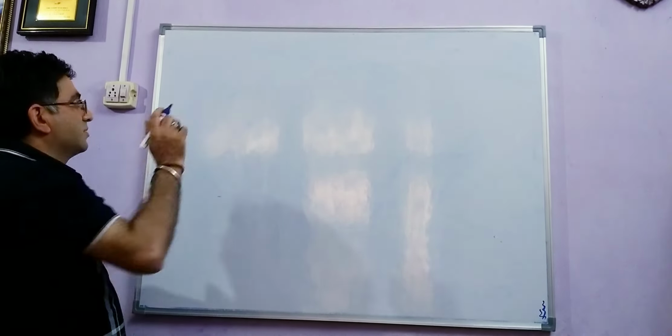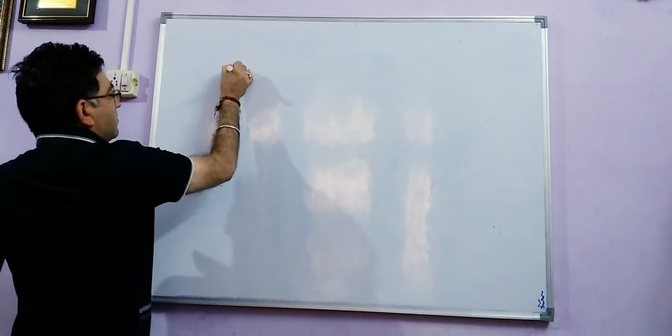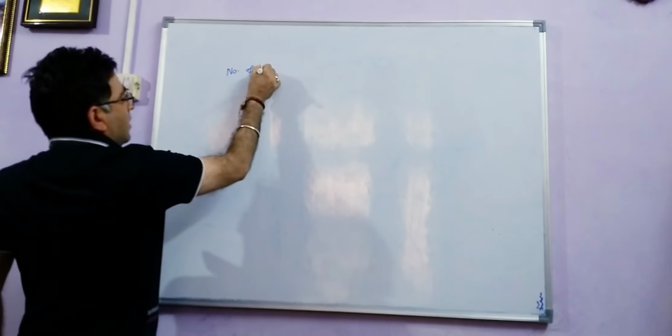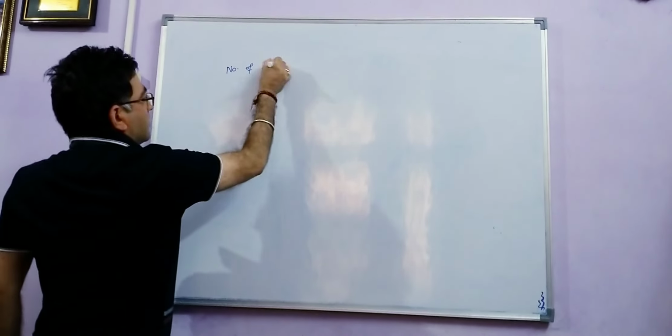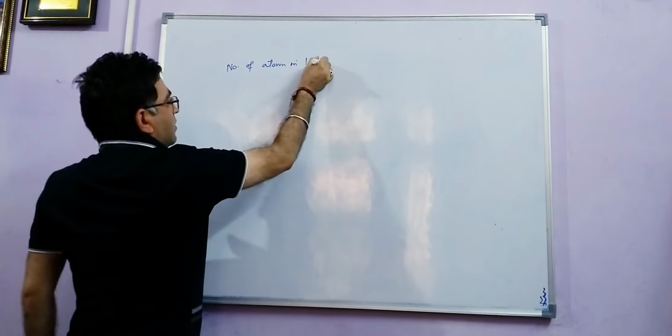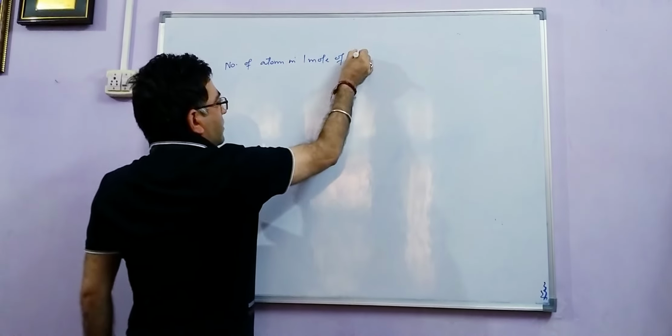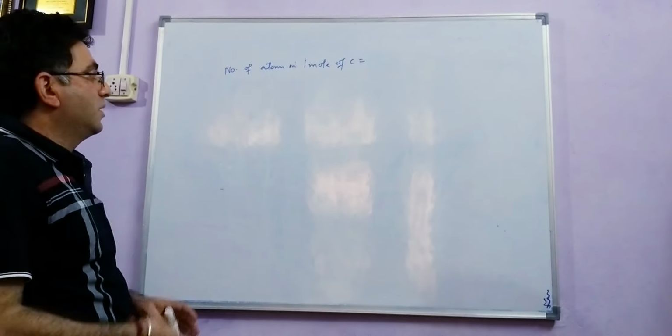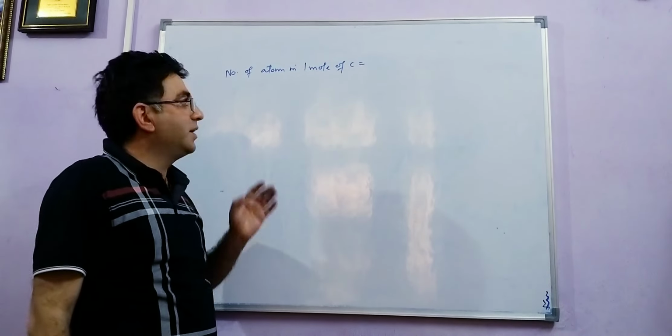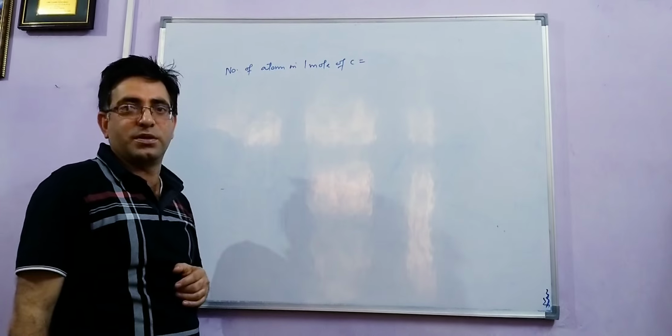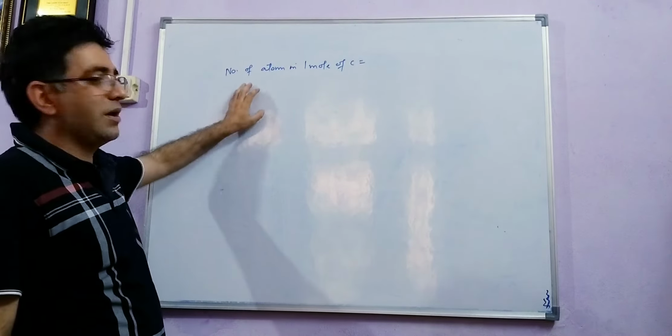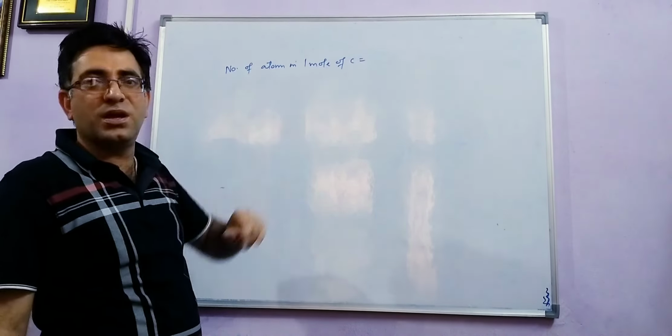For this purpose, we write the number of atoms in 1 mole of carbon. Why are we taking 1 mole of carbon? Because while defining mole, we relate the definition of mole with 12 gram of carbon. That's why we calculate Avogadro's number with the help of 1 mole of carbon.